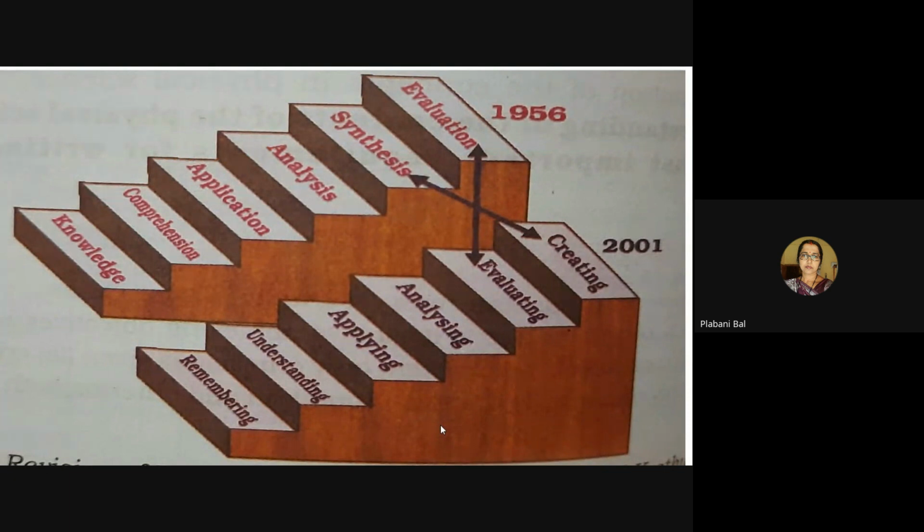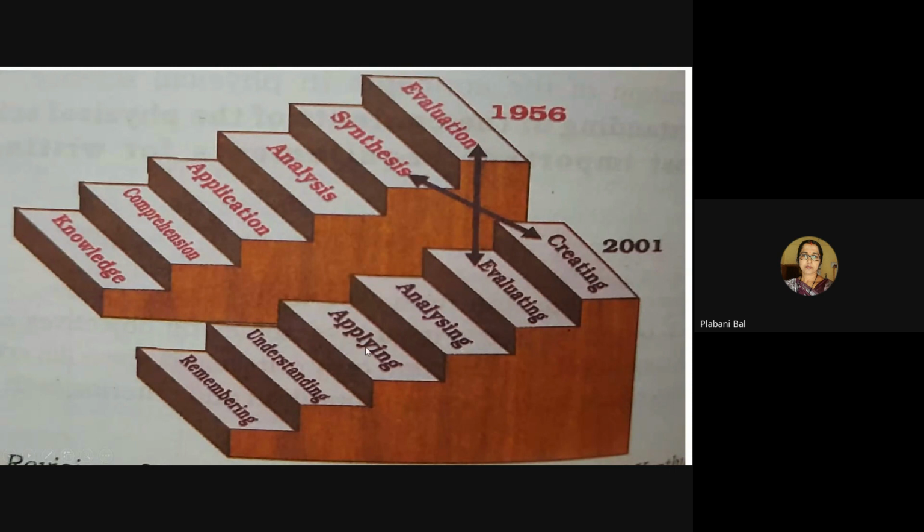If we have a look at this, you can see the comparison here. The objectives are arranged like the steps of a staircase. When somebody is standing on the last step, creating, we can assume that all these steps have been crossed, all these objectives have been achieved by the learners. You can compare the two. In 1956, it was knowledge, comprehension, application, analysis, synthesis and evaluation, and evaluation was the last step.